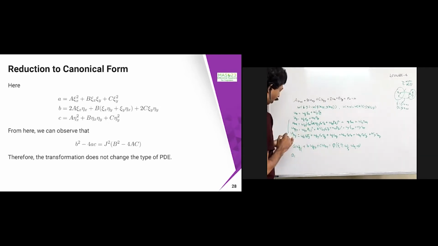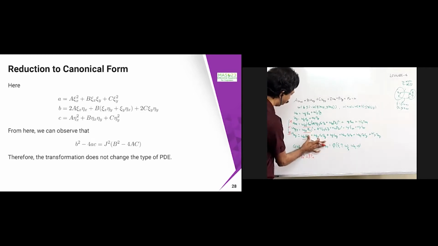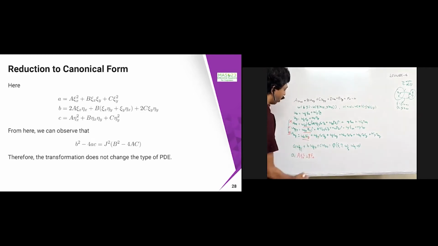Here I am multiplying by A, here by C, and here by B. Therefore, this is going to become A chi x square plus B chi xy, sorry, chi xy, not chi x chi y, plus C chi y square. This is going to be there.